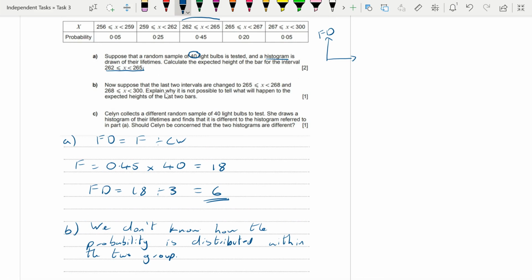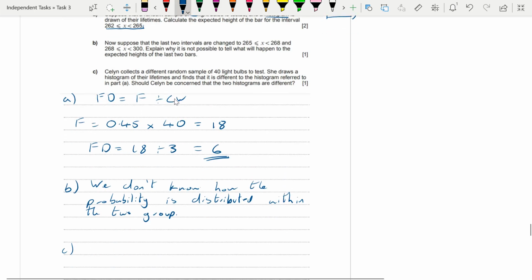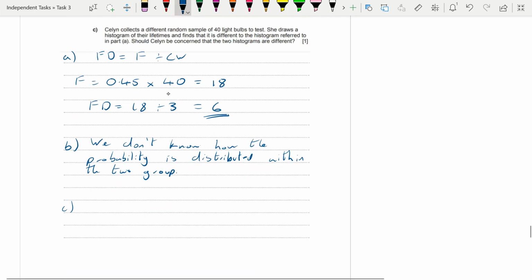Now she wants to know, should she be concerned? The answer is no, and it's because different samples will lead to different results. They'll get a different probability, which means they'll get a different amount of lifetime for each bulb. So we're going to have no, because you've got to refer to the fact that it's the sample that's the issue, not the light bulbs.